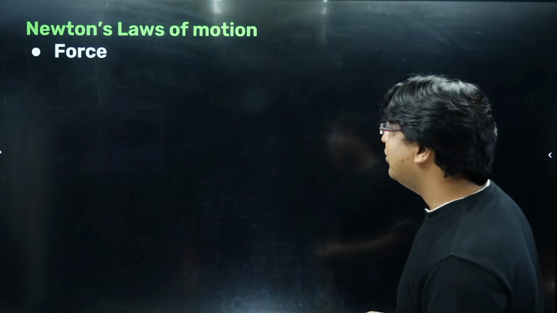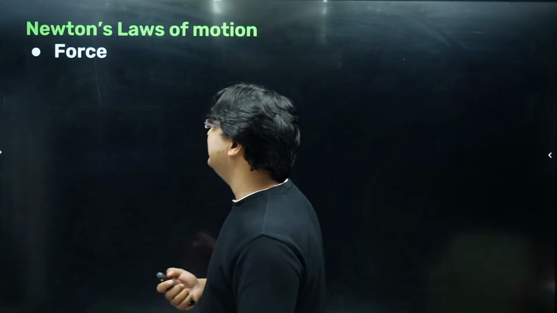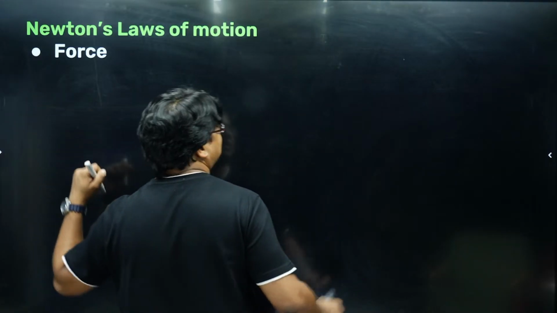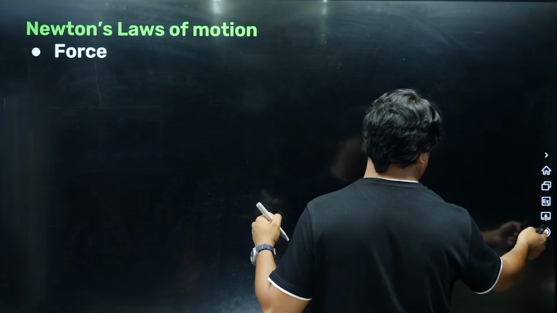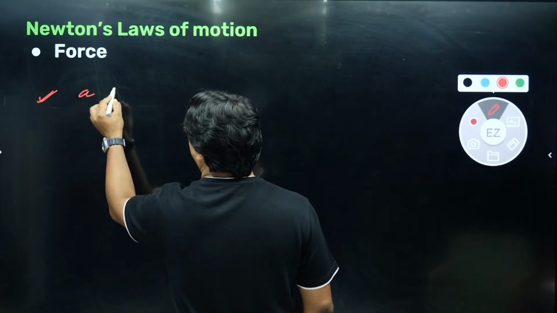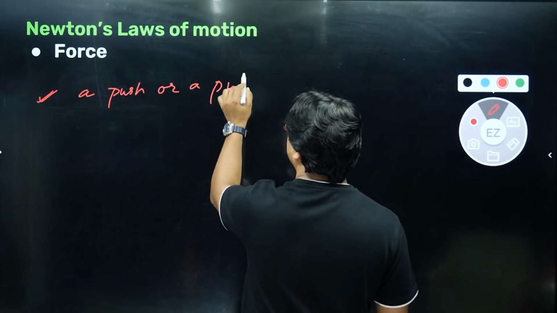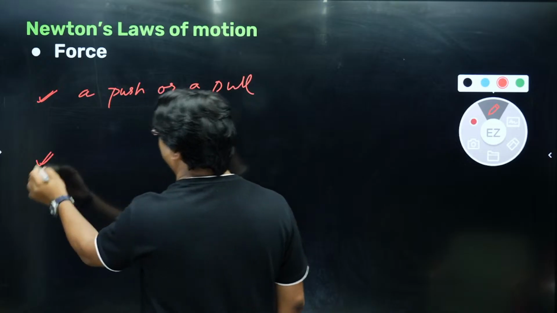Now, if we come to force, if we have to define a force, what exactly is a force? We may choose what kind of definition we want to give. A very simple definition would be, it's just a push or a pull. That's quite simple, not too technical.